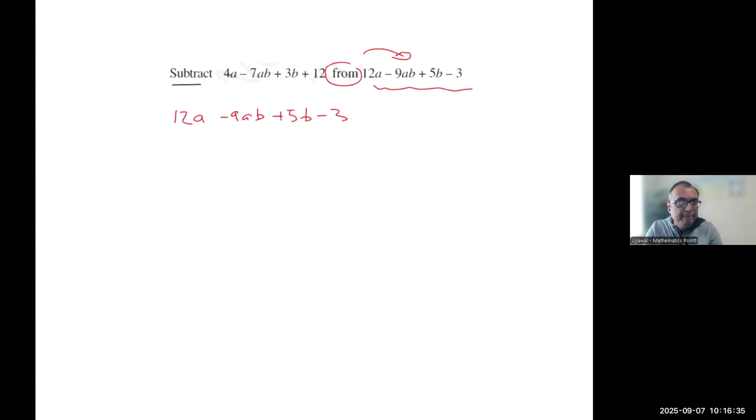And then subtract comes after, which is the negative. And you have to put a bracket. That's the rule to solve the question. And then the expression that is after subtraction, the first expression, has to be written within the brackets. So I say 4a minus 7ab plus 3b plus 12.